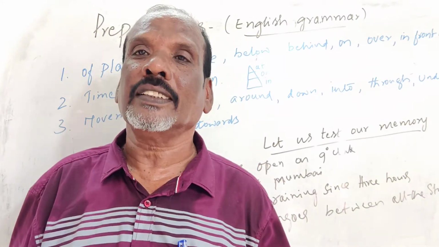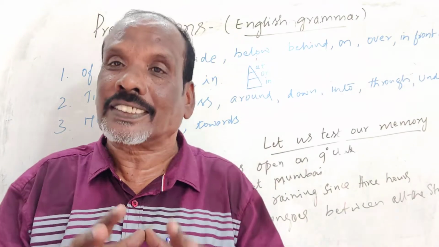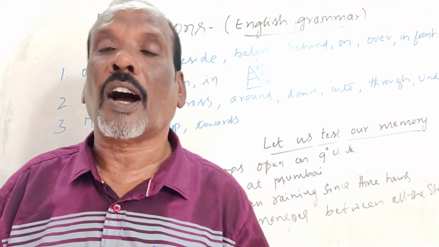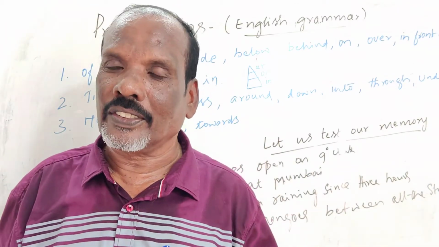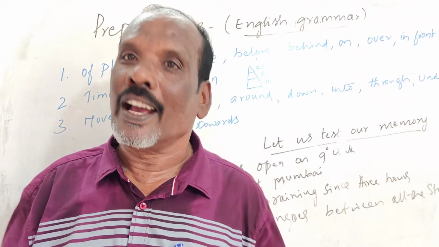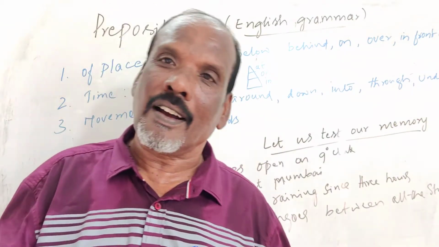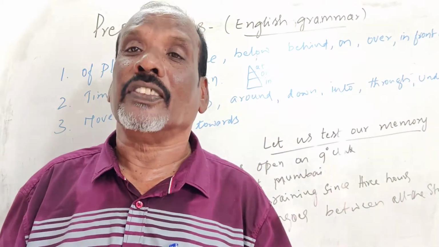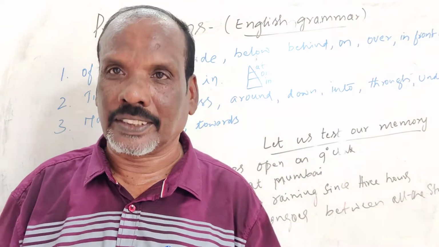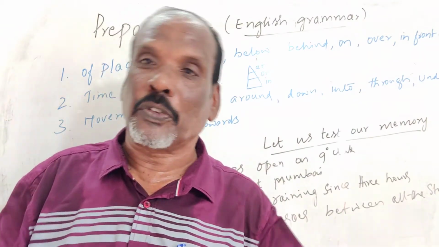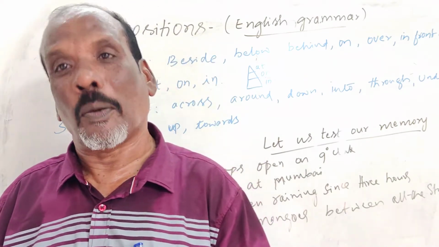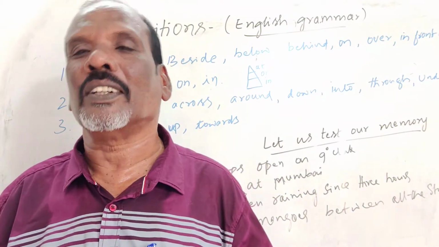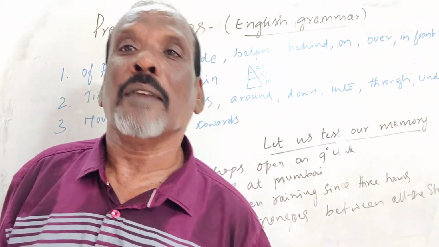Before understanding the meaning of this preposition, let's have one sentence. He came from America. In this sentence, one is the subject, he, and the other is America. Between these two, there is a word that is used to connect and to show the relation between subject and object, or between one noun or pronoun and another noun or pronoun.